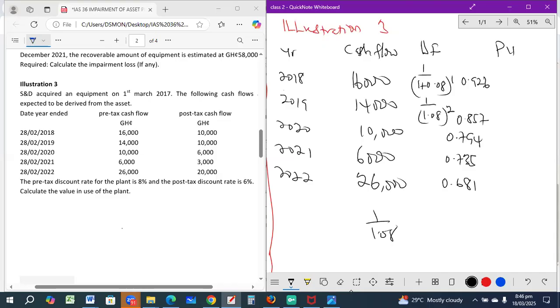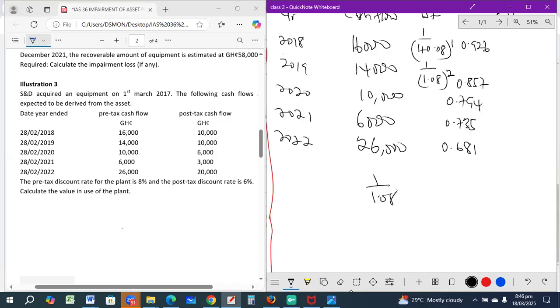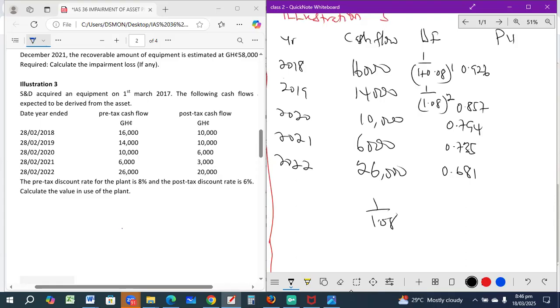When you get the answer, for the second year we divide it by 1.08, and for the third year you divide the answer for the second year by 1.08, in that order.